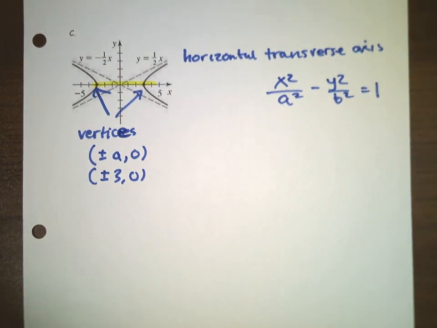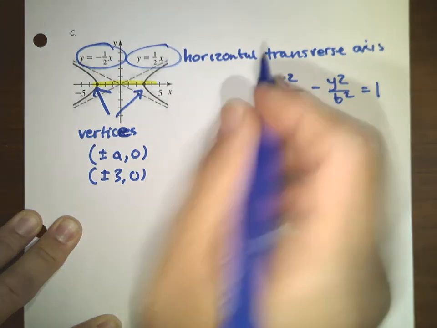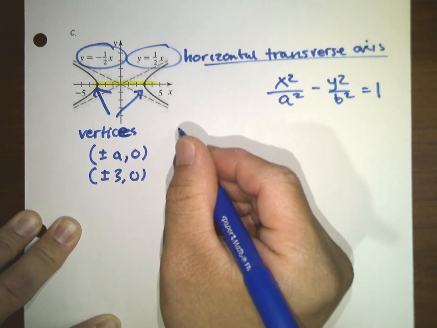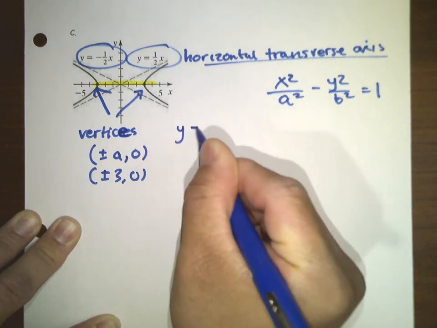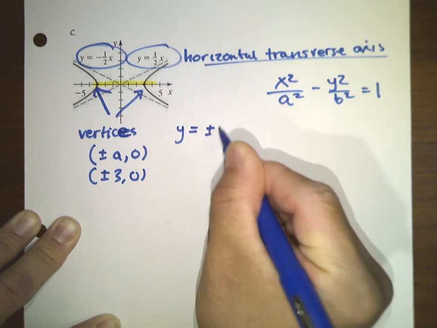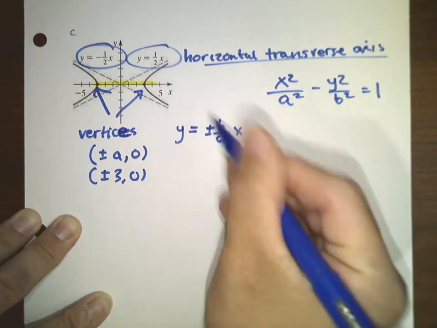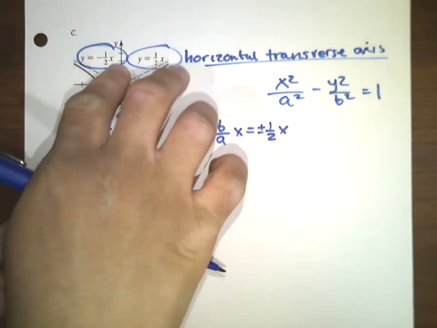The other thing you know is that the asymptotes, for hyperbolas with a horizontal transverse axis, are of the form y equals plus or minus b over a times x. So this is plus or minus 1 over 2x here.